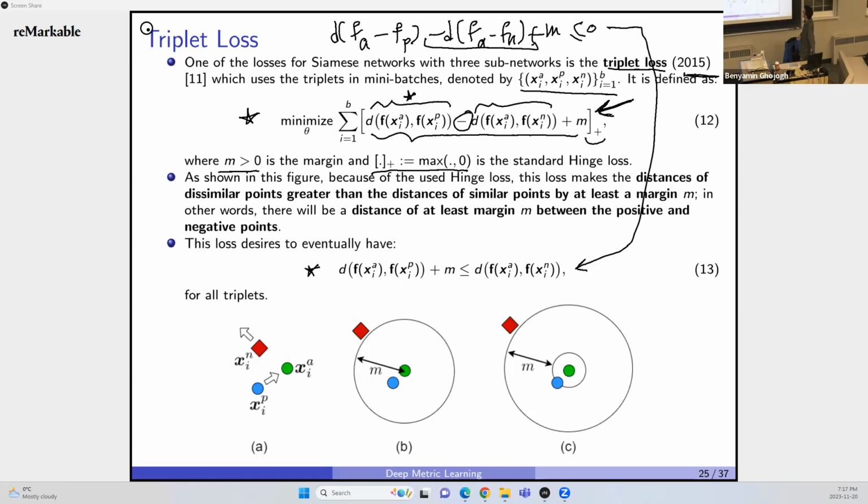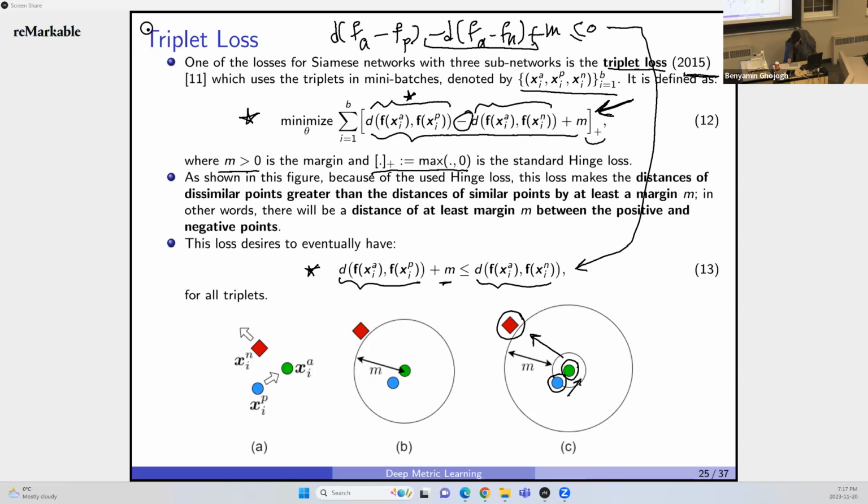Now let's visualize this desire. What does it mean? Let the distance of embeddings of anchor and positive plus m be less than or equal to the distance of embeddings of anchor and negative. In other words, I want to push away the negative from anchor. Also, at the same time, I'm pushing the positive toward anchor. So basically, I'm doing this.